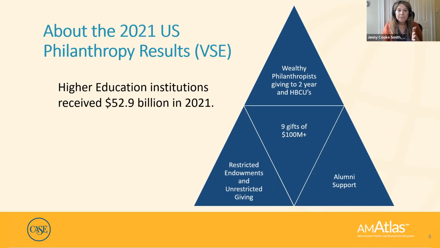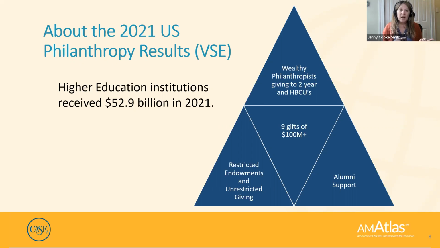And what we saw was that, as you can see, higher education as an industry received 53 billion, and there were a lot of stories to the data in 2021, and I've highlighted a few of those here. I will actually show you a couple slides on alumni support because I think that's really pertinent to our conversation.